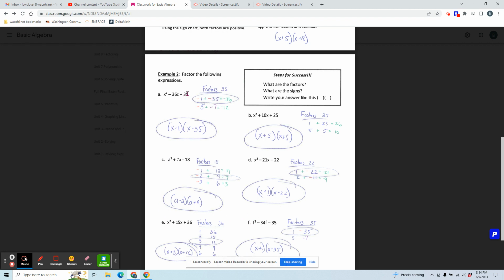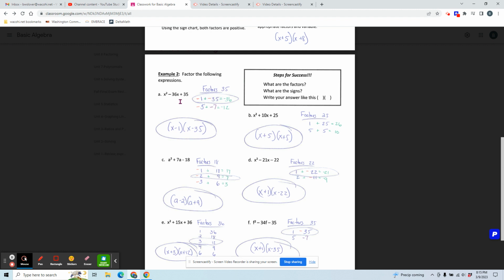So what are the factors of the constant? So factors of 35 are 1 and 35, 5 and 7. What are the signs? So here's where that sign chart comes into play, because our goal is to factor this. And what we're going to do is list the factors of the last one and see which ones add to give me the middle term. So I need to find numbers that multiply to 35 and add to give me negative 36. So instead of guessing which ones are positive and which ones are negative, we use the sign chart.